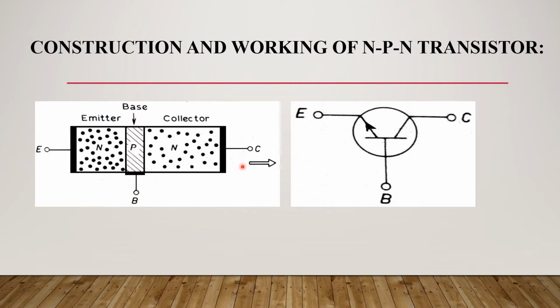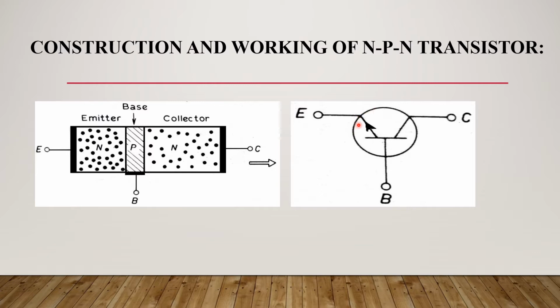Okay. And the symbol for this NPN, you can see this emitter has an arrow, and this arrow is towards this circle.